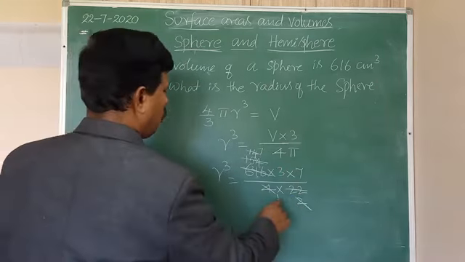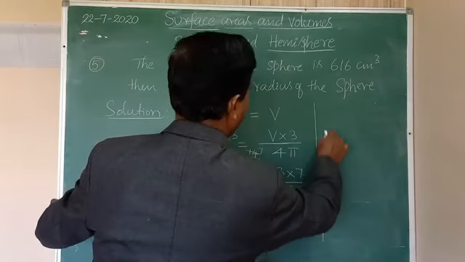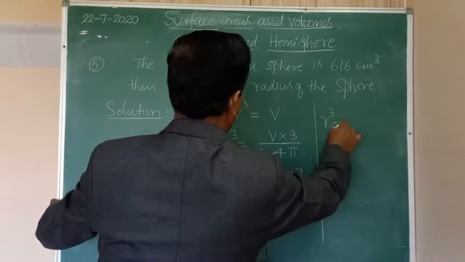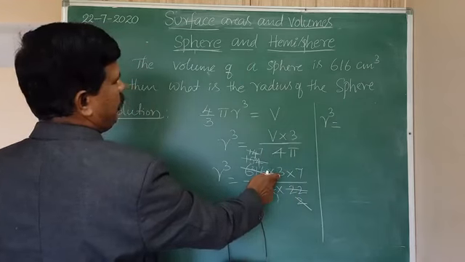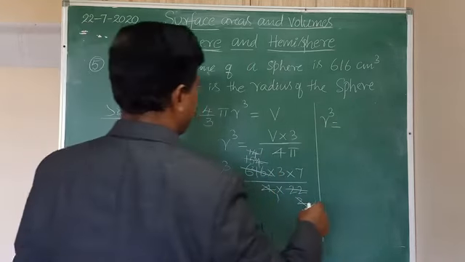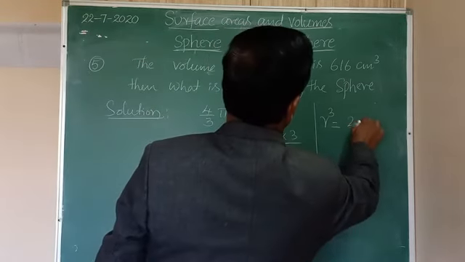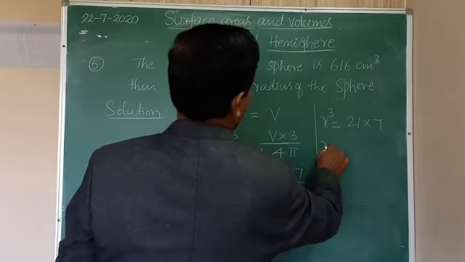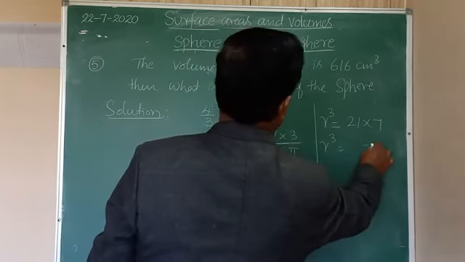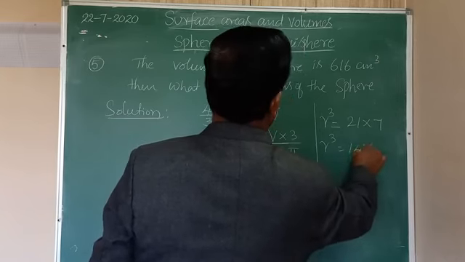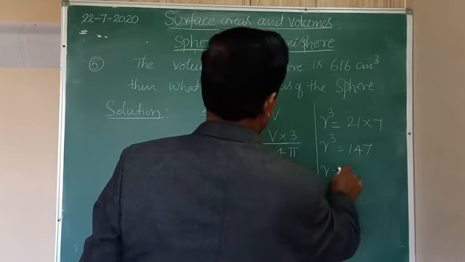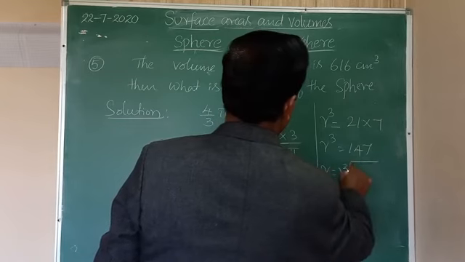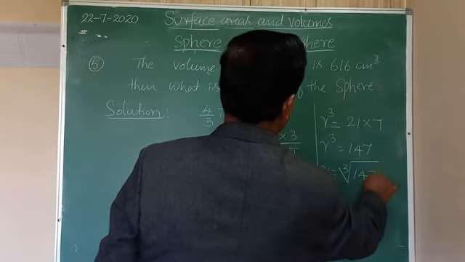Okay, now r cube equals 7 3s are 21, 21 into 7. So r cube is equal to 7 1s are 7, 7 2s are 14, so 147. So r is equal to cube root of 147.